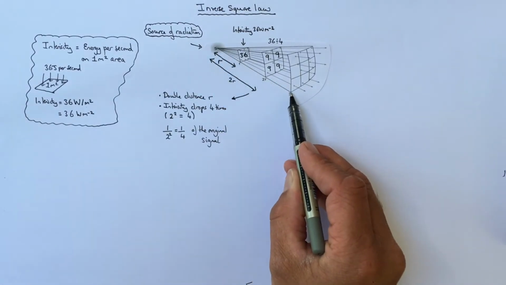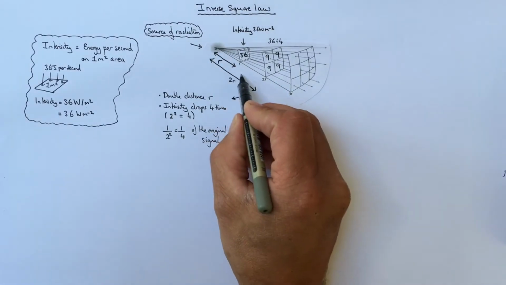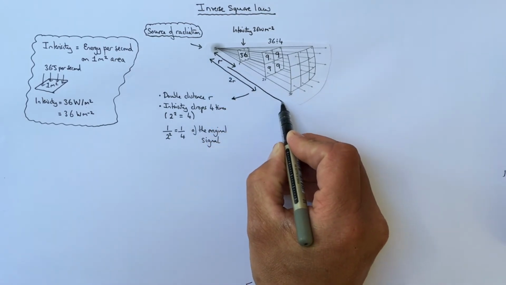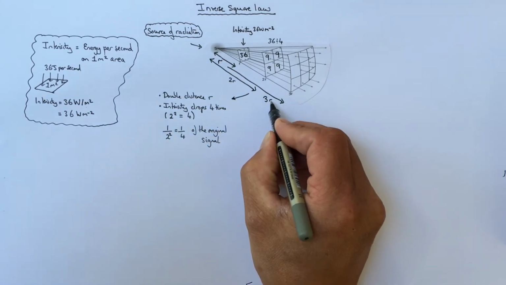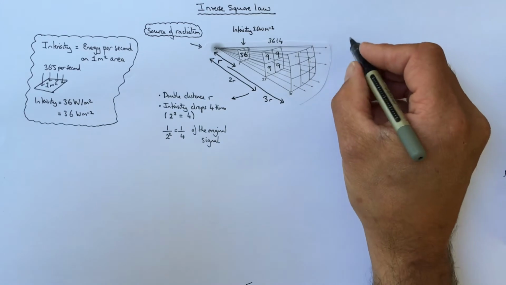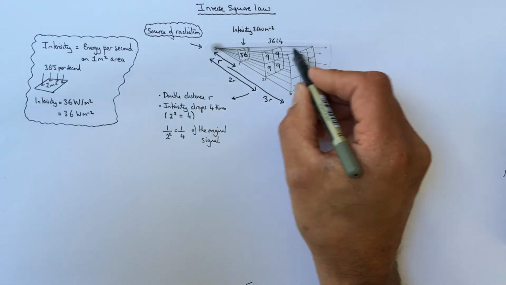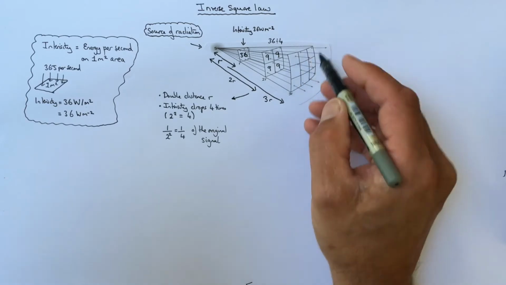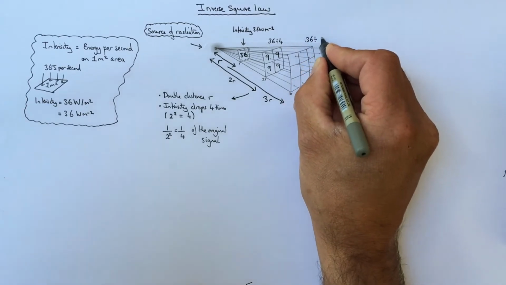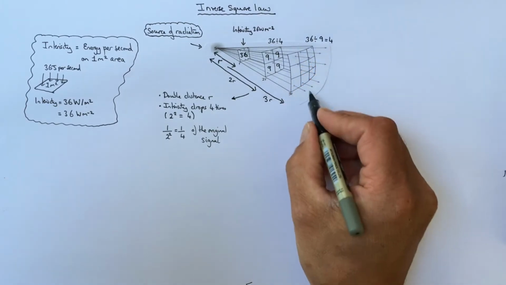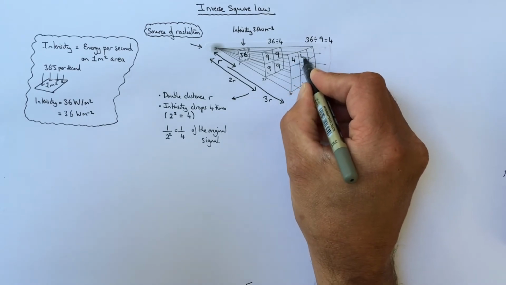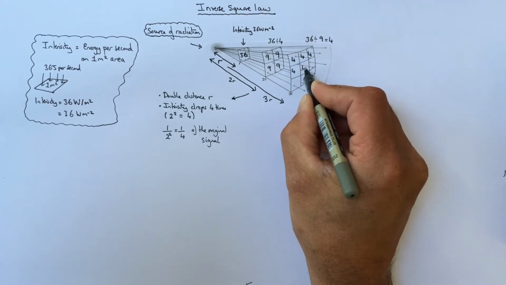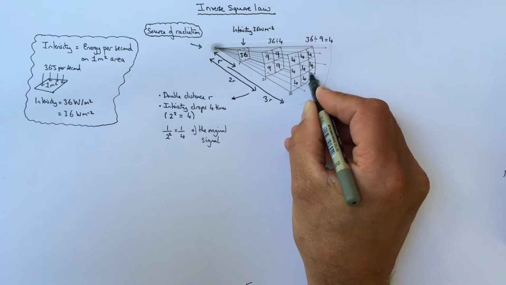So now let's look at the intensity 3 times the original distance away, that's 3r. You'll notice now that that initial intensity of 36 is now spread over 9 one-metre-squareds. So the energy passing through each metre squared per second is now 36 divided by 9, which is only 4 watts per metre squared.